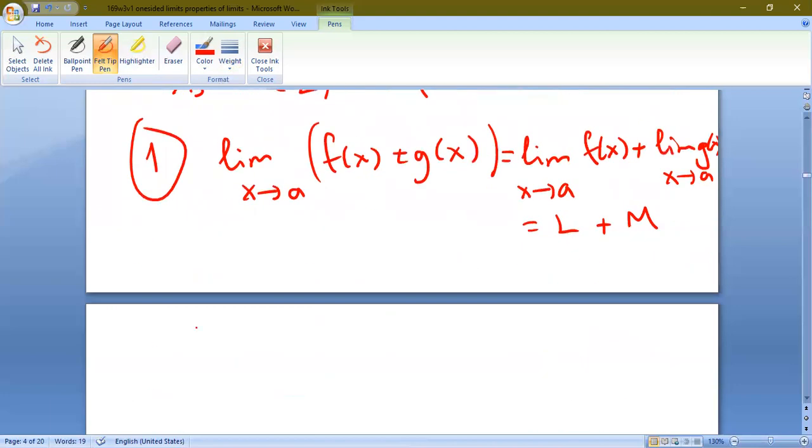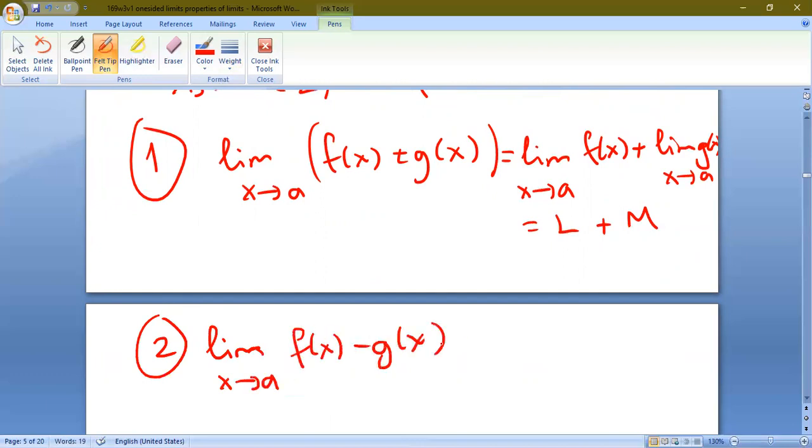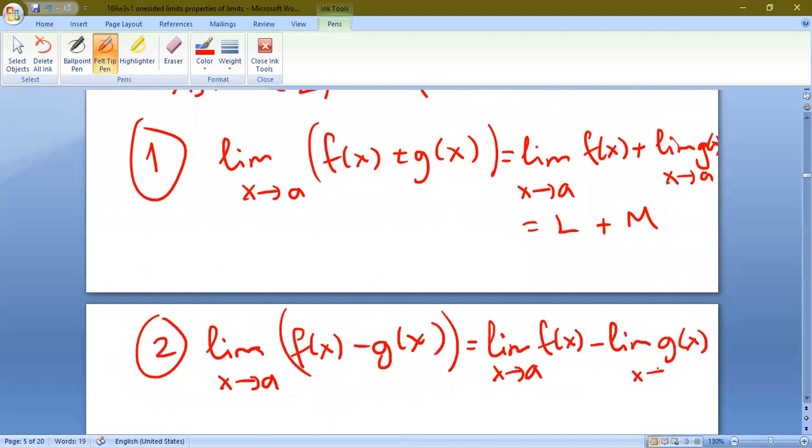And then similarly, we can have subtraction of these limits. The limit of f minus g as x goes to a is going to be equal to the limit of f minus the limit of g, which is equal to, of course, L minus m.